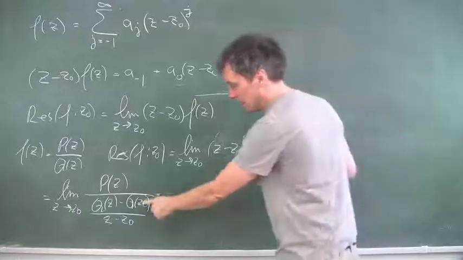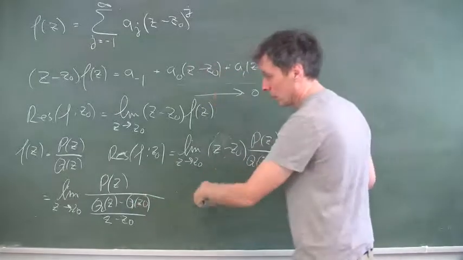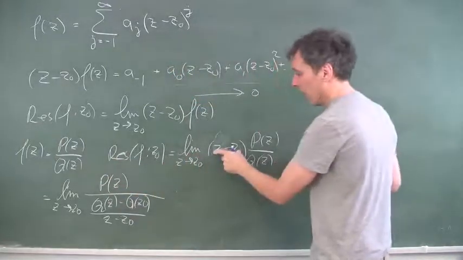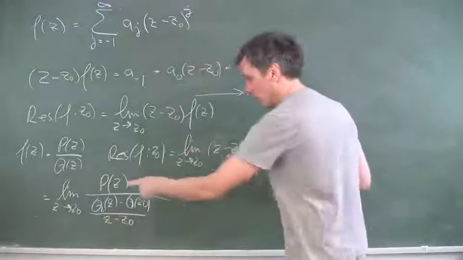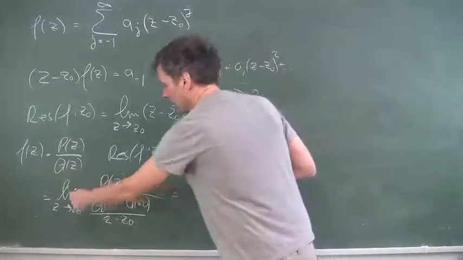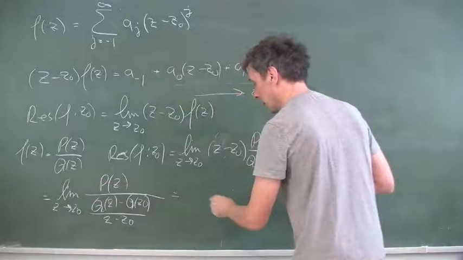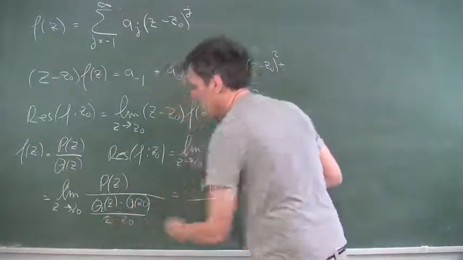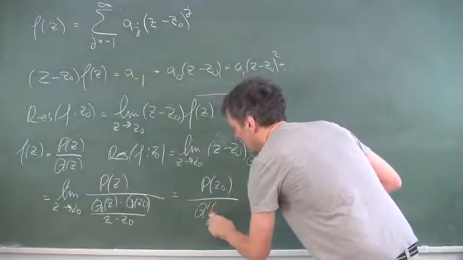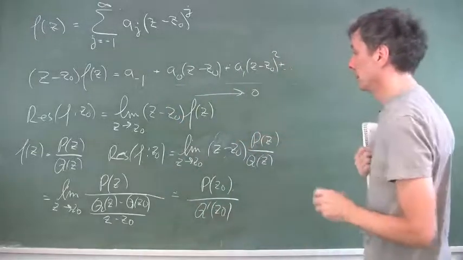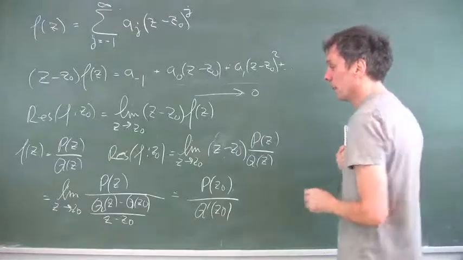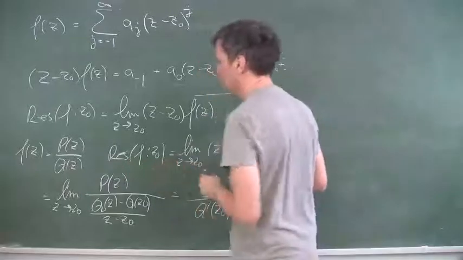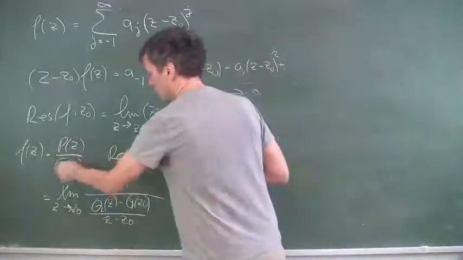This is just because Q(z0) is 0, since this was a zero of the denominator, and I have moved this factor down here. Now we can compute the limit by the quotient rule. So this will simply be P(z0), and down here, the limit will be the derivative of Q at the point z0. So this is the usual expression for the residue of the function f when it's of this form.